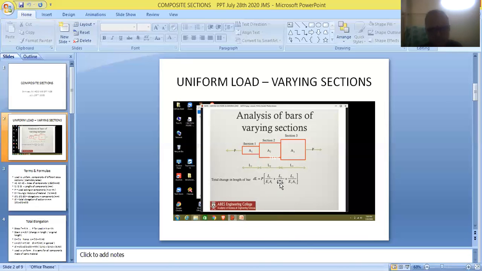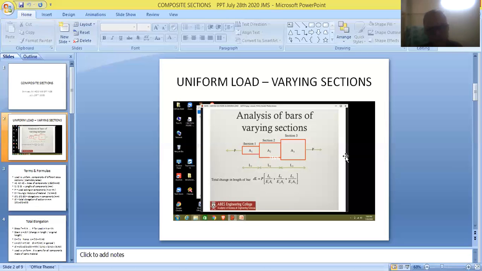And as mentioned in this slide, if these components are made up of different materials, then these values will be different. So in that case, here it has to be written as E1, here as E2, and here as E3. That means Young's modulus of the material used for making the first component has to be written as E1, the second component as E2, and the third component as E3.